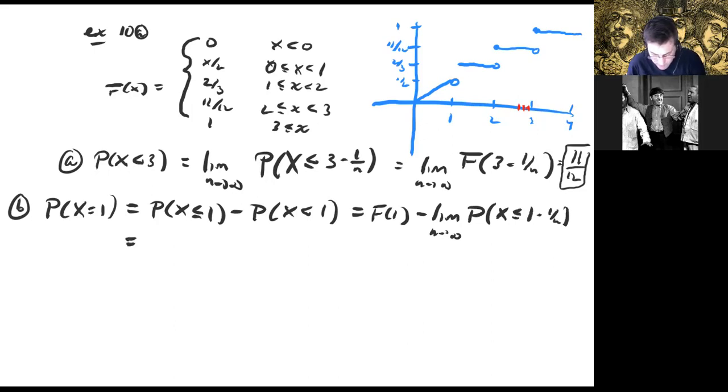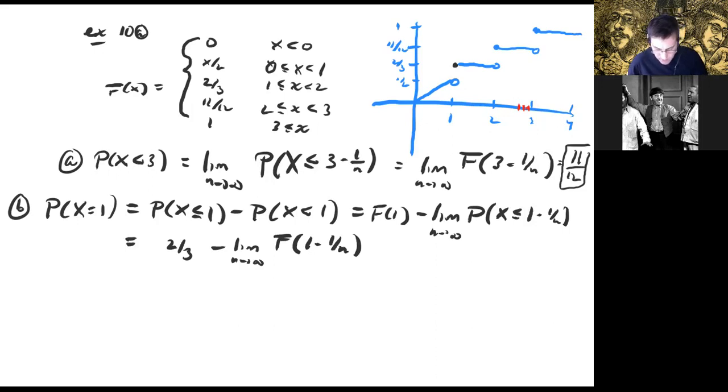F of 1 is by definition 2/3. So it's 2/3 minus the limit as n goes to infinity of f of 1 minus 1 over n.